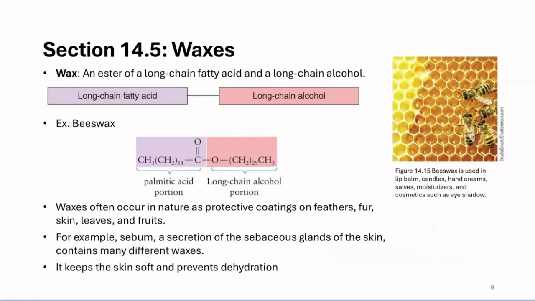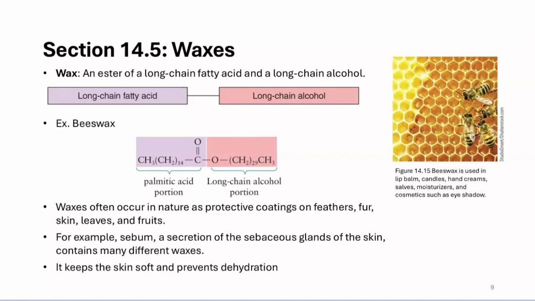Let's now continue by looking specifically at saponifiable simple lipids. And at first, we are going to discuss the structure of waxes. As I mentioned previously, simple saponifiable lipids are going to have an ester bond.